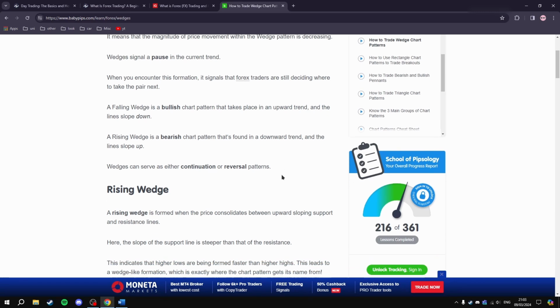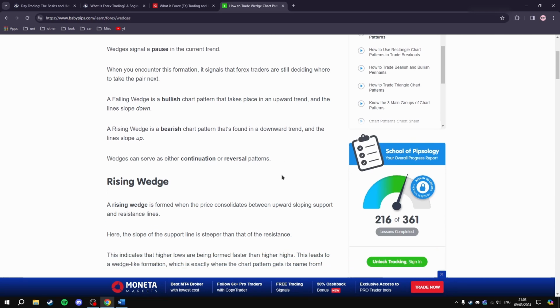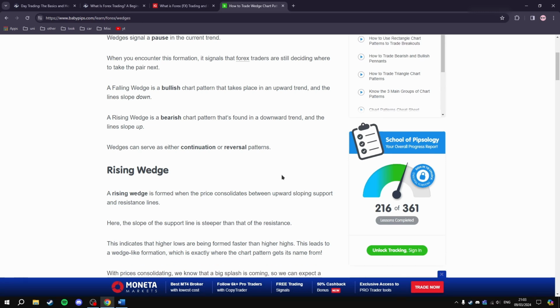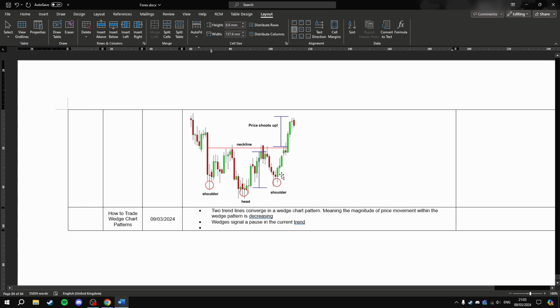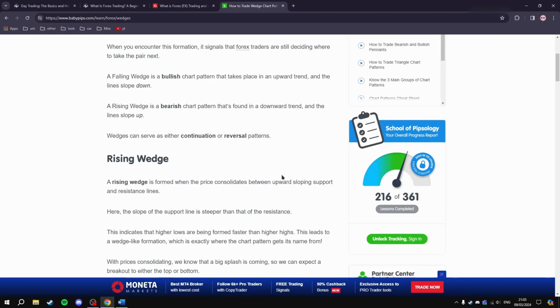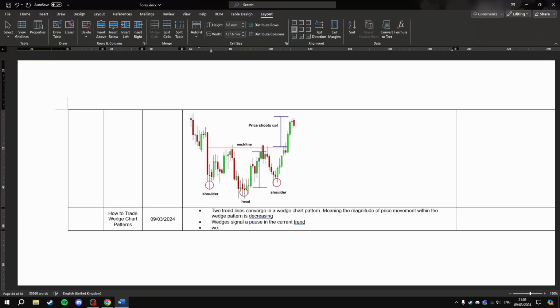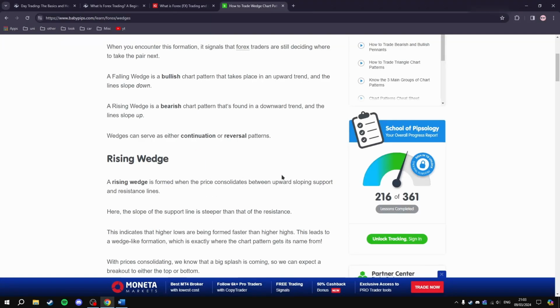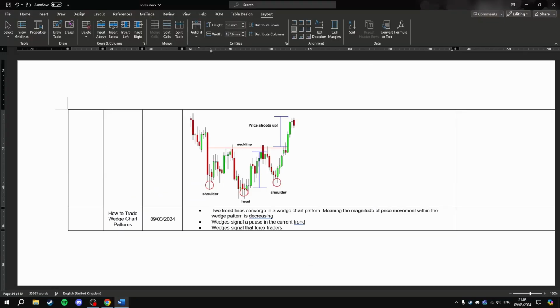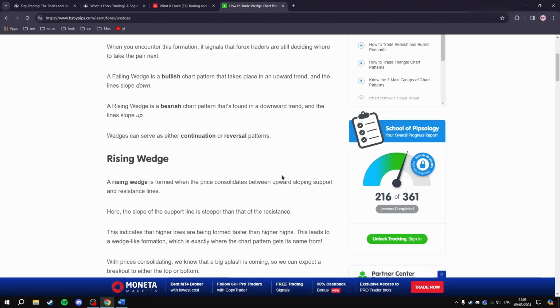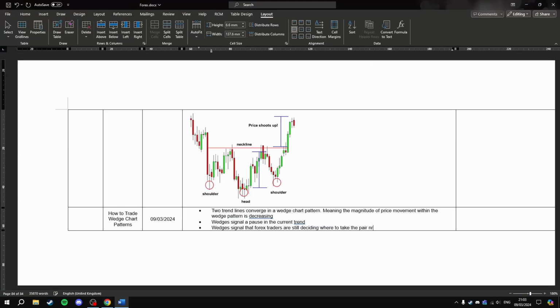When you encounter this formation, it signals that Forex traders are still deciding where to take the pair next. So it's like an indecision signal.